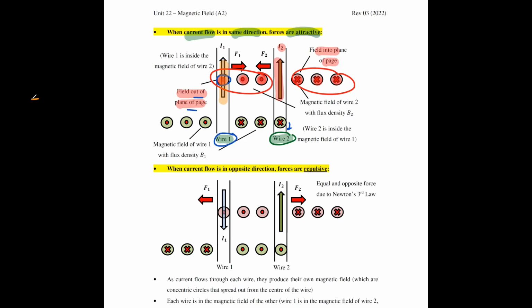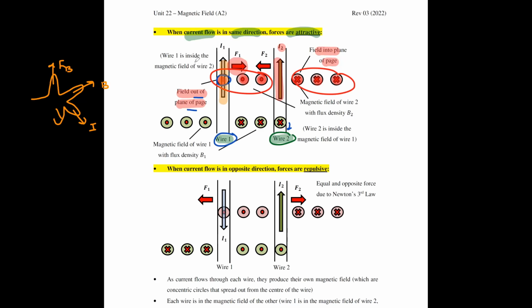Your thumb represents the magnetic force, your index finger the magnetic field, and your middle finger the current. Applying the rule to this portion of the wire, considering the directions of the field and current, you find that the magnetic force on wire 1 points towards the right.